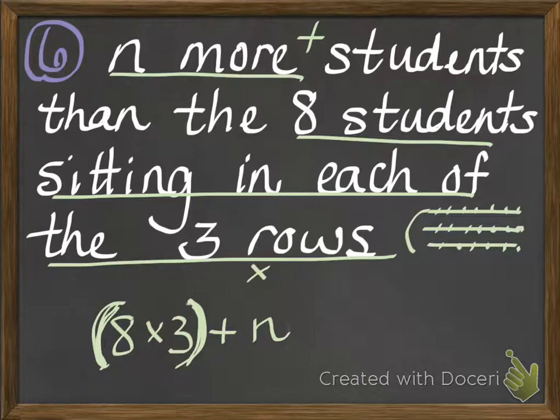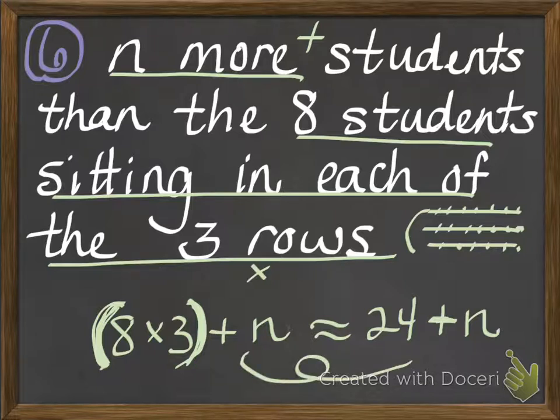So if I don't have these parentheses around it, then I don't know what happened first. But the parentheses are going to tell me what's happening first in the problem. Okay, I could also just go ahead and write 24, because 8 times 3 is 24, and 24 plus n would be where I'm working towards. I'm solving the problem, or I am breaking it down a little bit further.